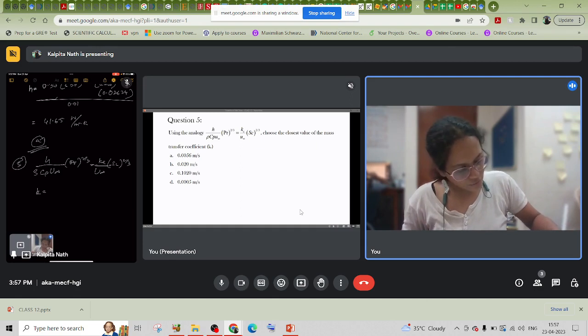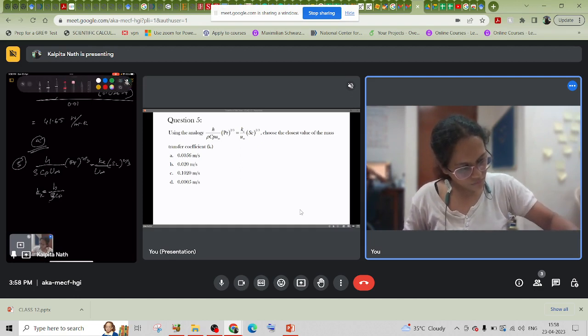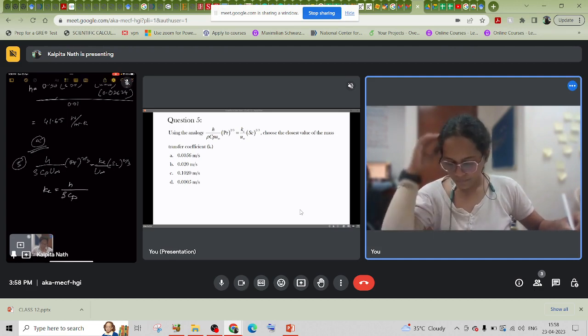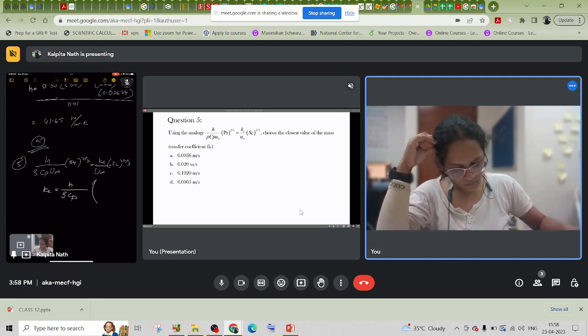Kc is equal to h upon rho Cp, Prandtl number upon Schmidt number to the power 2 by 3.